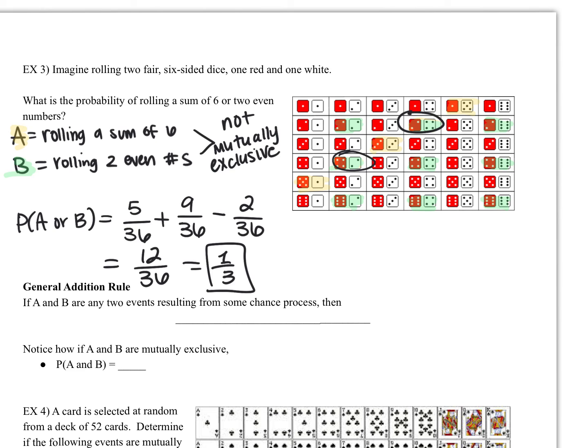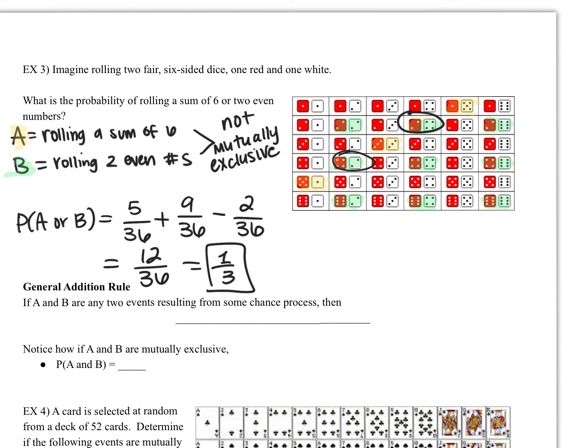And the 12 of our outcomes got highlighted. So if you have listed all of your sample space, you can always count them up if you're dealing with an OR situation. Or if you want to use the formula, you can use the formula.